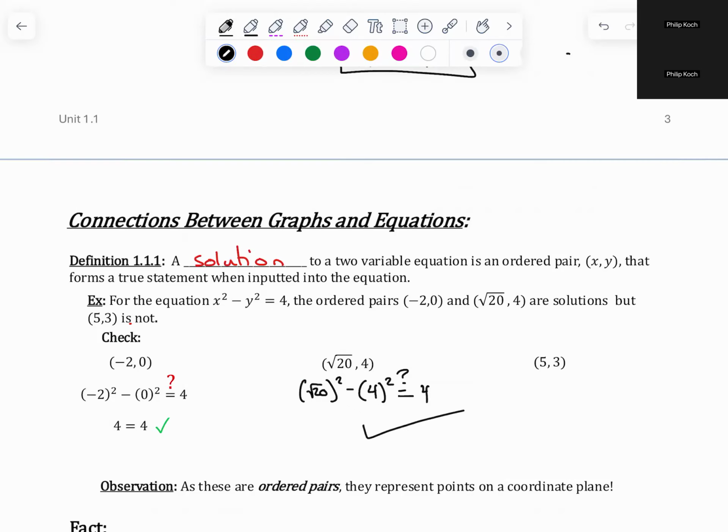Whereas (5, 3) does not solve it. 5 squared minus 3 squared, does that equal 4? It's going to give you 16, which does not equal 4. So I usually put a little circle with an X through it, saying that's not true.